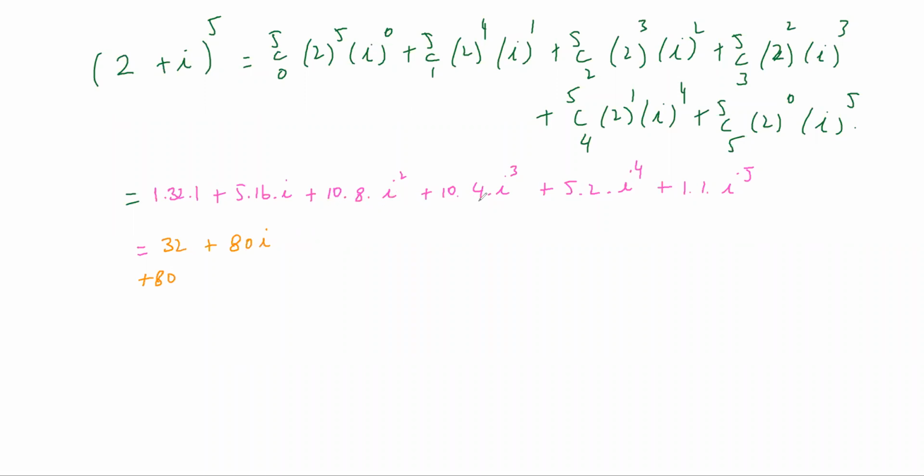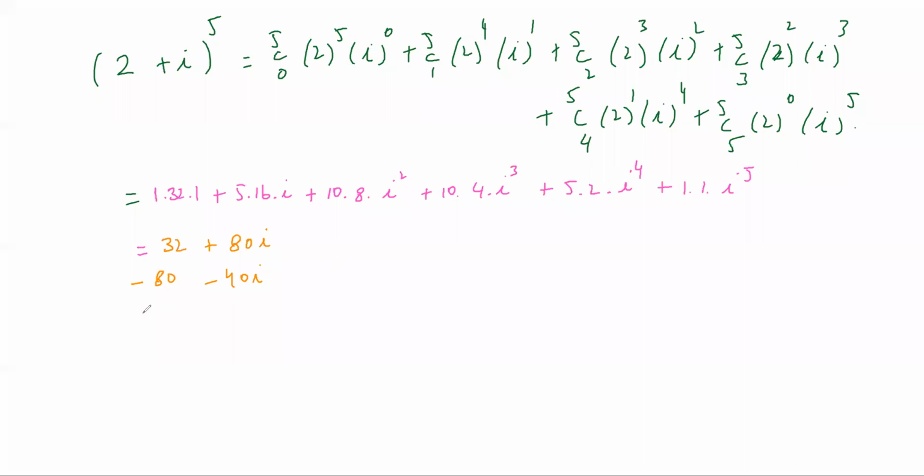Okay, 10 into 4, that is 40, and iota cube is minus iota, so this is minus 40 iota, and iota to the power 4 is basically 1.